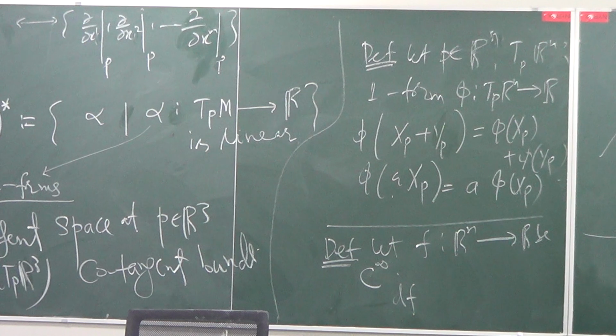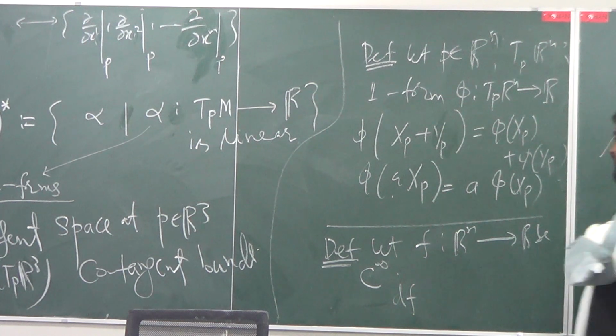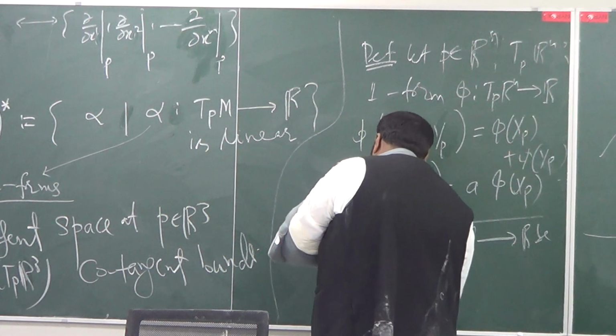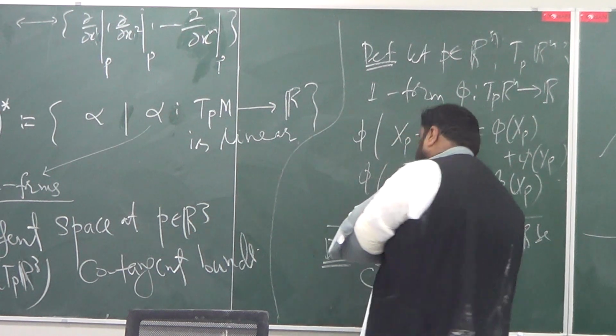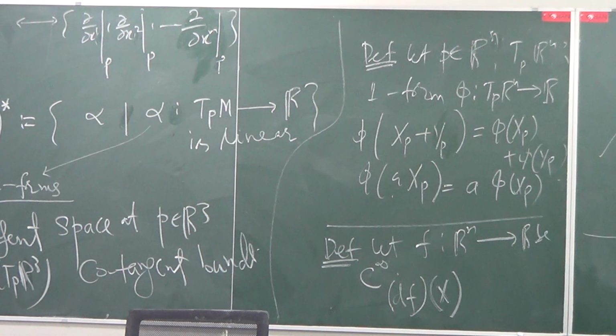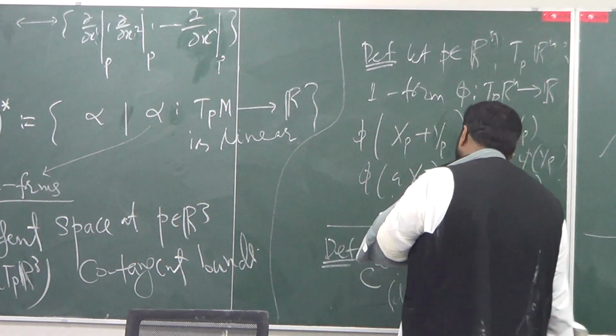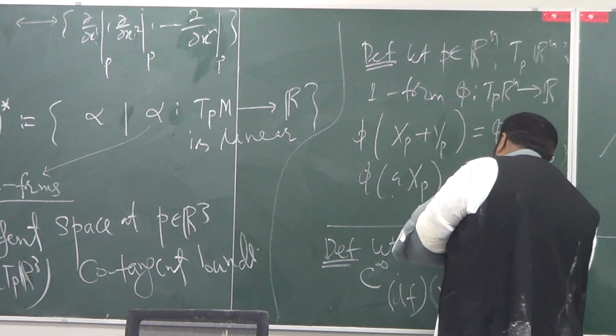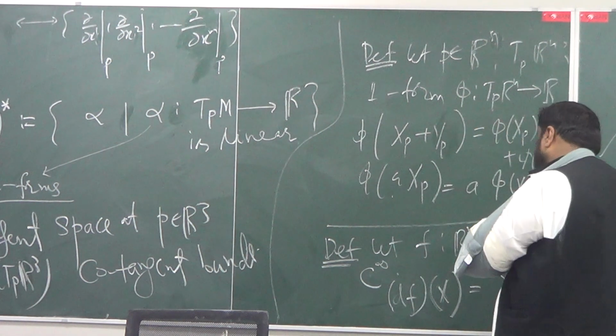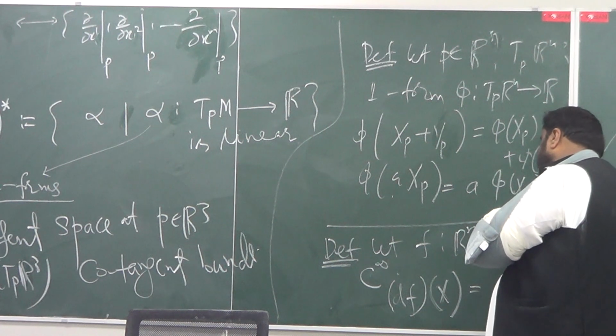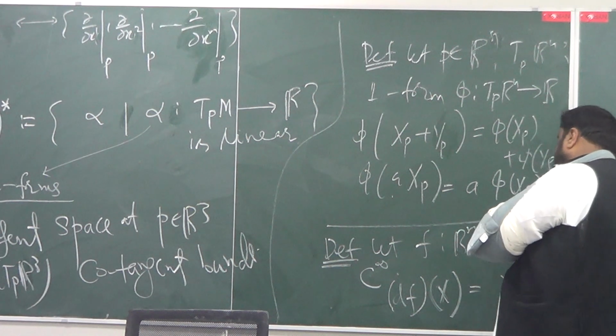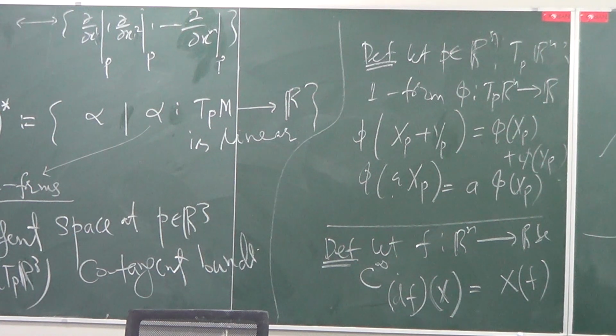The operator takes a vector field and gives me all the possible directional derivatives, so it's X of f. Remember X of f, we defined it last time? So this is essentially my definition.